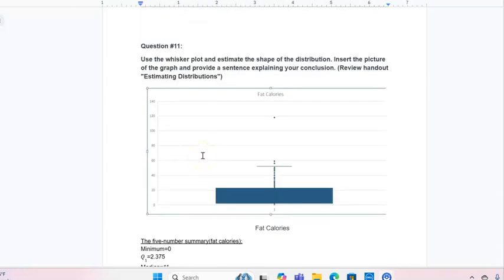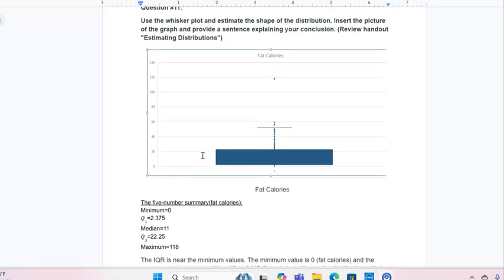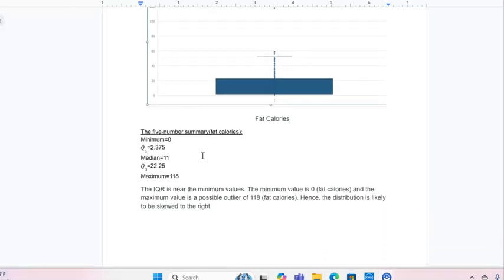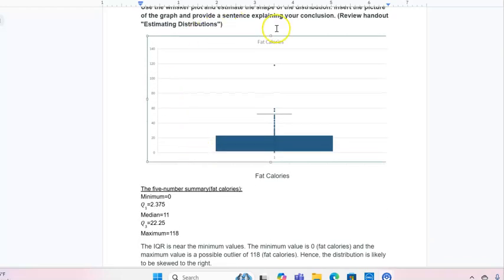Moving on to question number 11, it's basically just a whisker plot showing the shape of distribution of our data set. Here's a picture of the whisker plot with the total fat calorie units. You can see that it's more skewed to the right based off of the picture and the outlier over here.